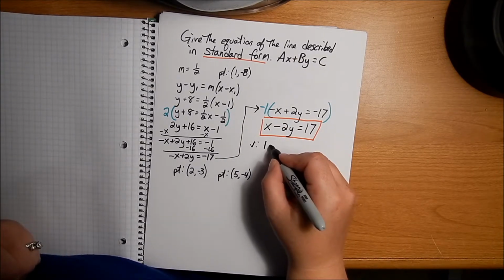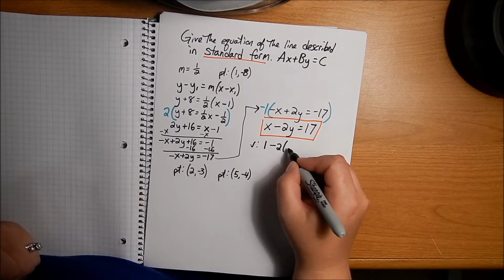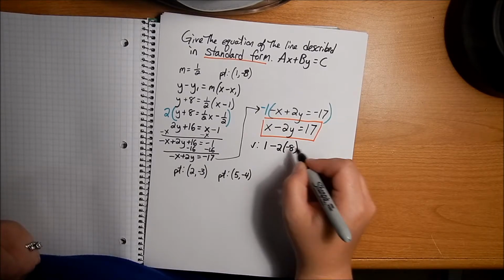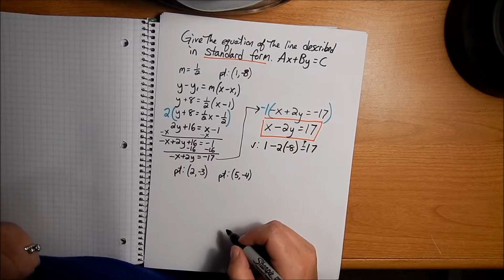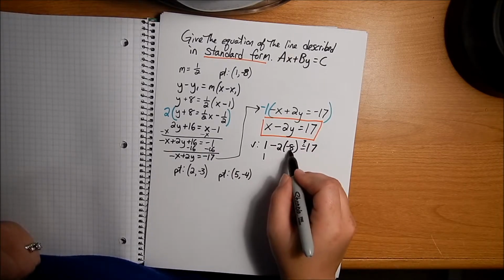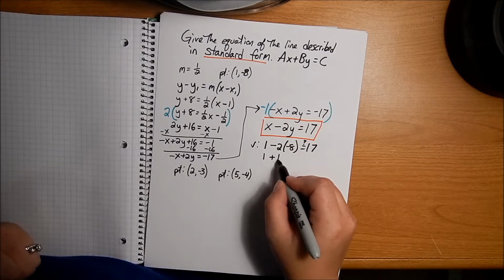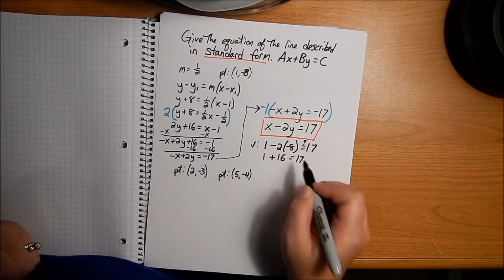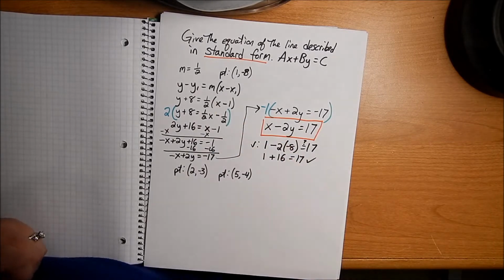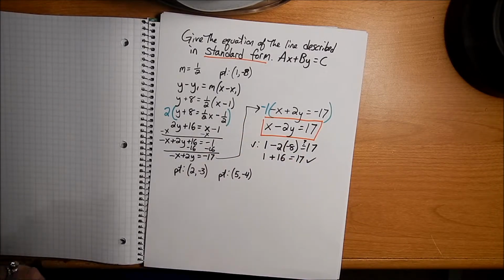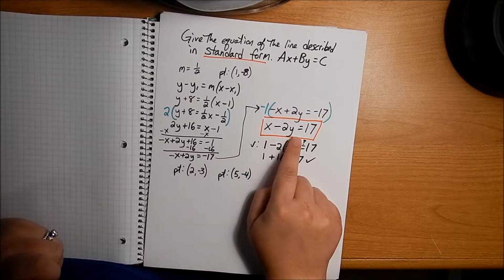So 1 minus 2 times y is -8. Does that really equal 17? Well, 1 and then -2 times -8 is a positive 16, and 1 plus 16 really is 17. So I do know that my point works in that equation. Okay, so there is my answer in standard form.